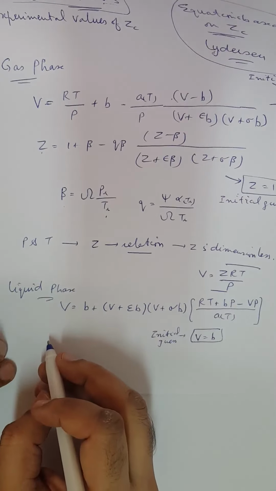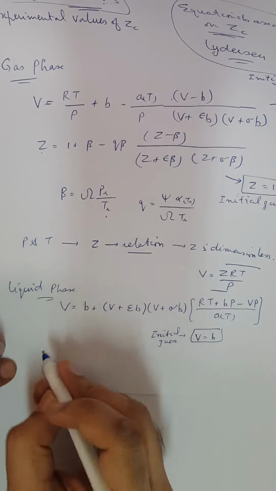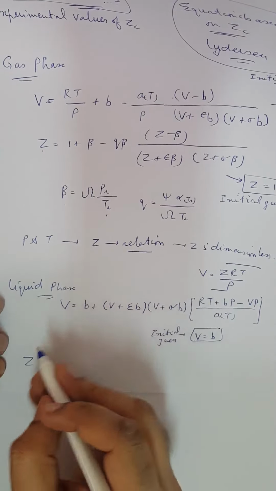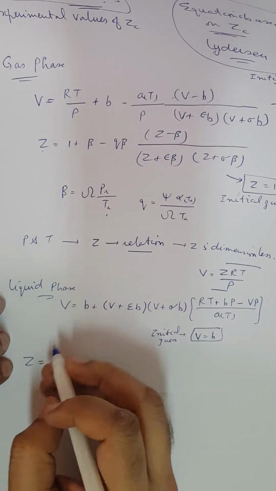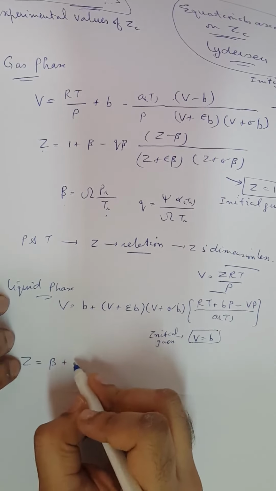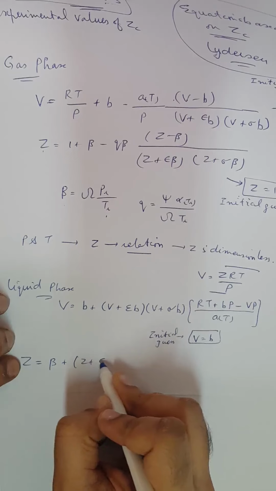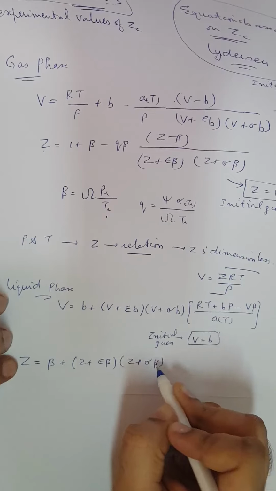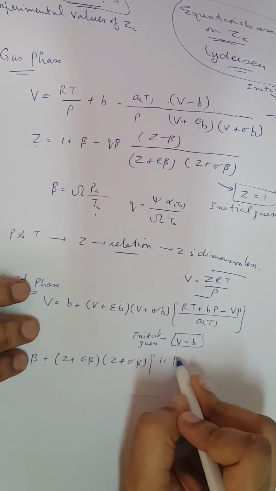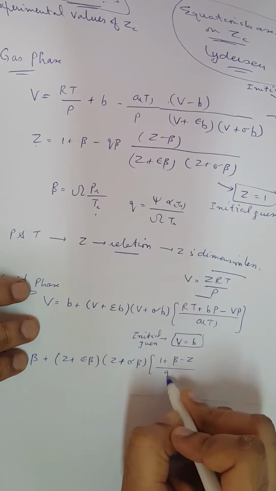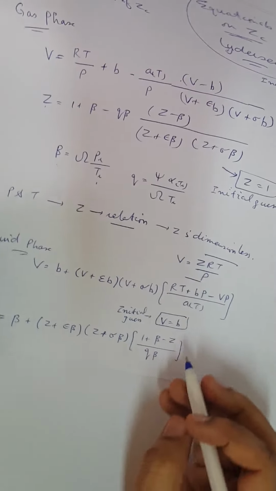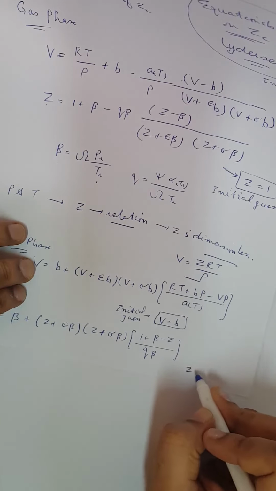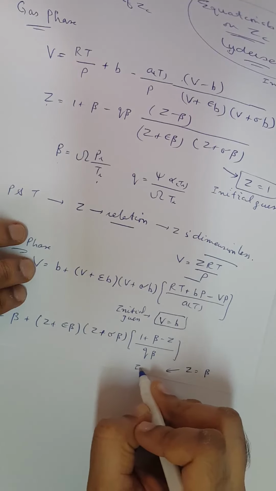Similarly, we can write it again; better if you use the compressibility factor relation. Again, this is dimensionless and you will not face any problem regarding units. Here Z is equal to beta, the initial guess.